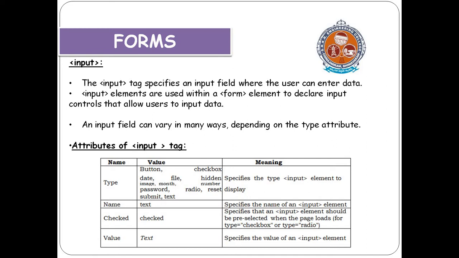The input can vary in many ways depending on the type attribute: type equals button, checkbox, date, file, hidden, password, radio buttons, or whatever it may be. Then name is text, and value is text, which specifies the element should be pre-selected. Whenever we click the checkbox remember password, the password will automatically be remembered. That is also an input tag.